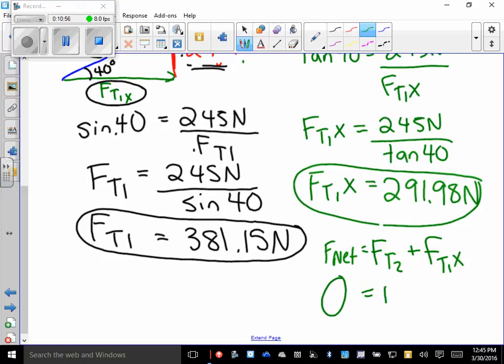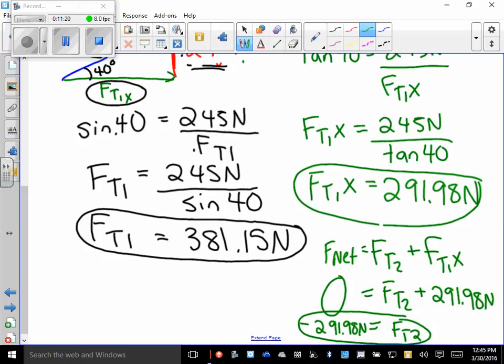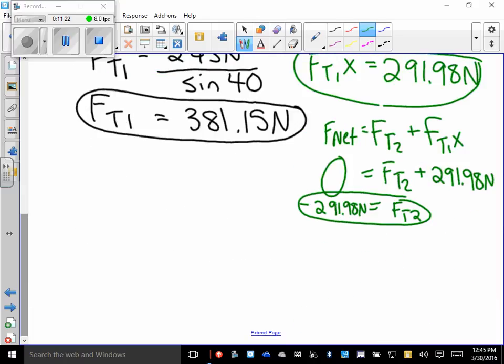We don't know what Ft2 is, but we know that the force of tension in 1 is 291.98 newtons. To get this by itself, we're going to subtract from both sides. So we get negative 291.98 newtons.